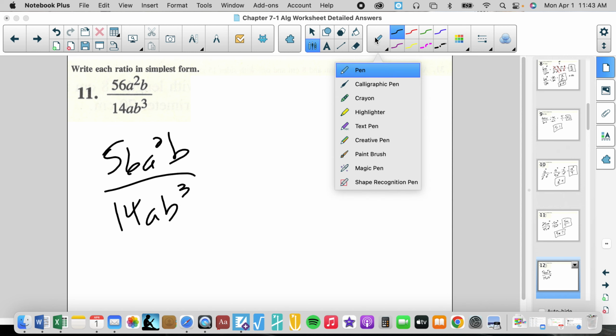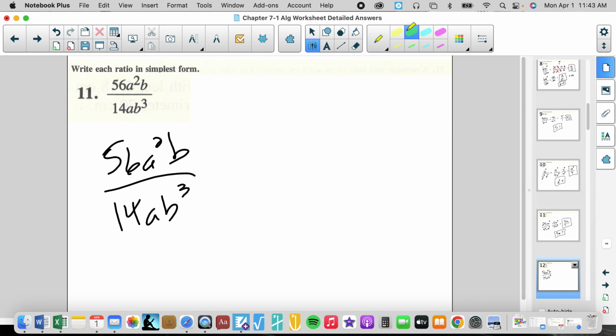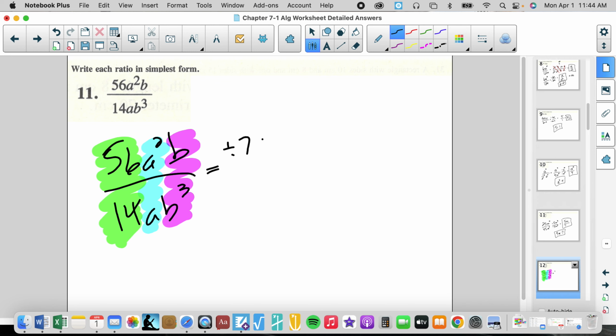So we're looking at the coefficients here. We're looking at 56 and 14 and seeing that 7's our greatest common factor. We look at a squared and a would be our greatest common factor. B and b cubed would be b. So we're going to take all those little components, divide by 7ab, divide by 7ab, and we get 8a over 2b squared.